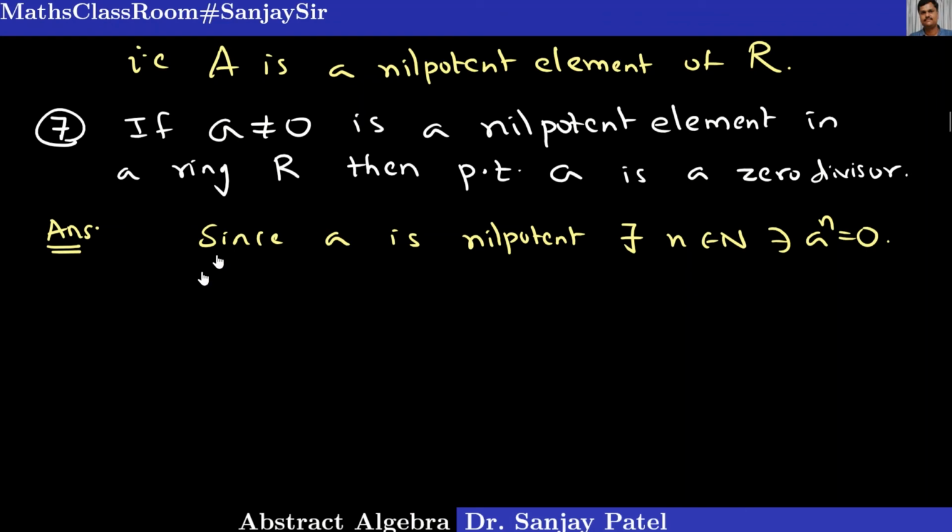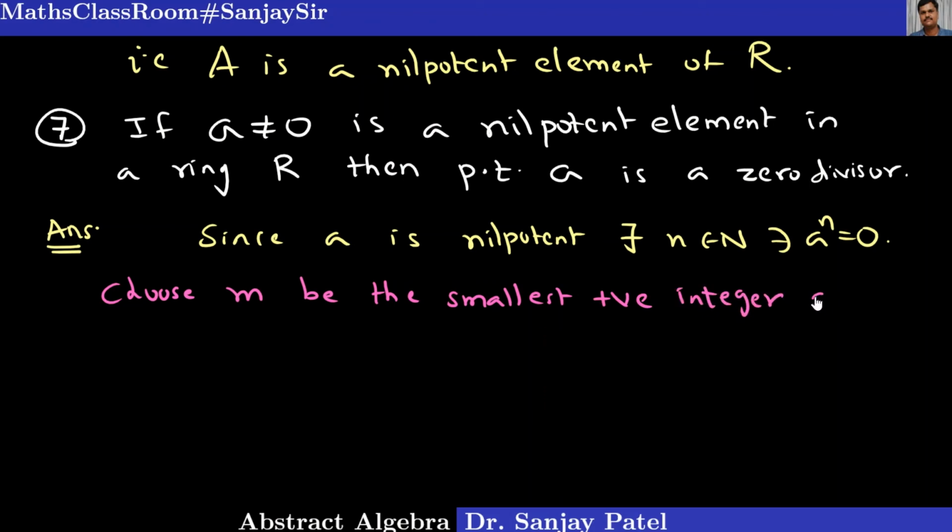What I want to do is choose m to be the smallest positive integer such that A raised to m is equal to 0.